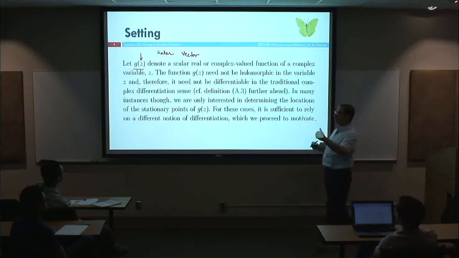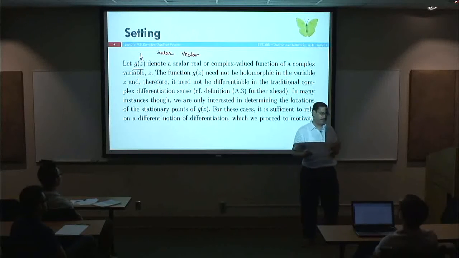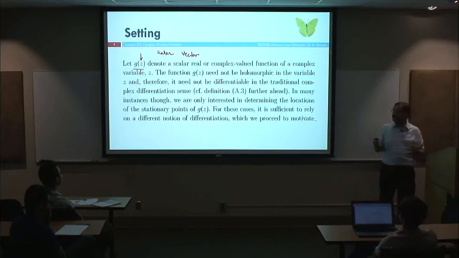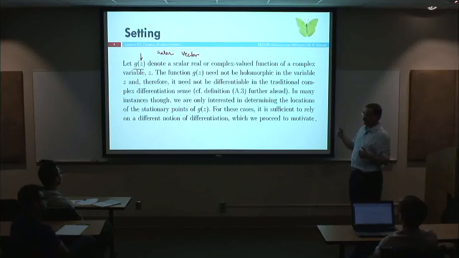The case when it is a scalar and real, all of you are familiar with it. The more interesting case for us here is when it's a vector and complex.